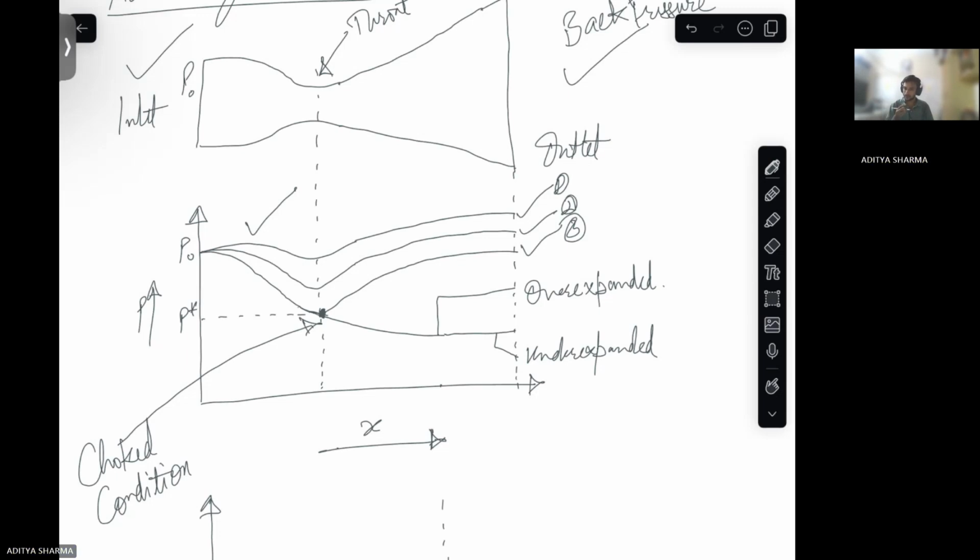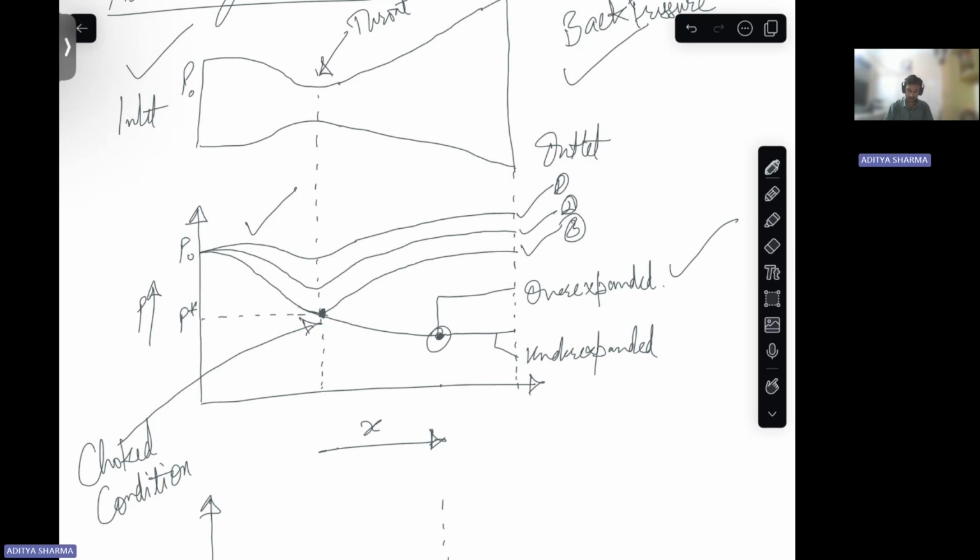And what happens because of this is your exit pressure somewhere here becomes less than your back pressure, right? And then this ends up in a condition that we call as over expanded condition, right? The flow has over expanded.